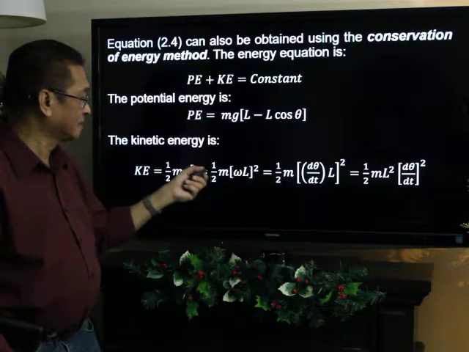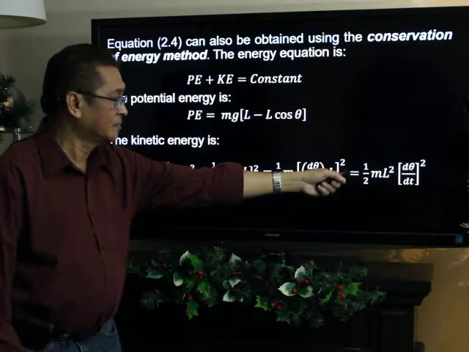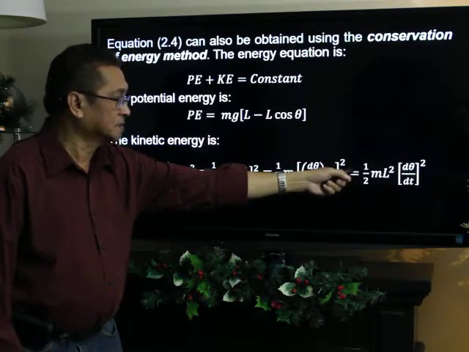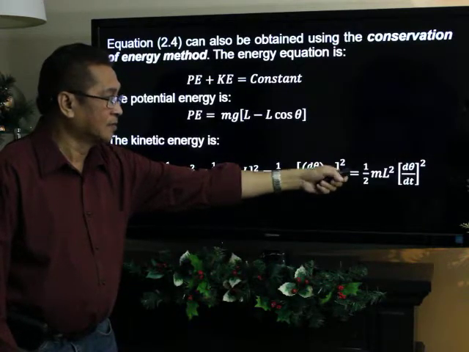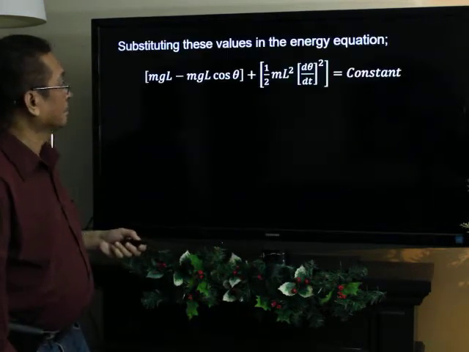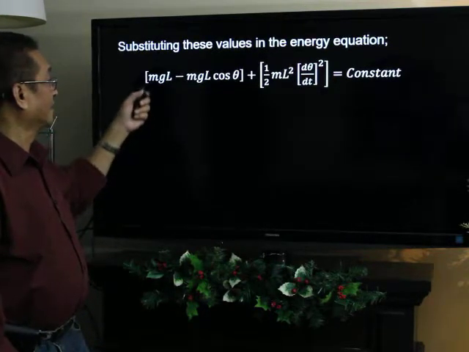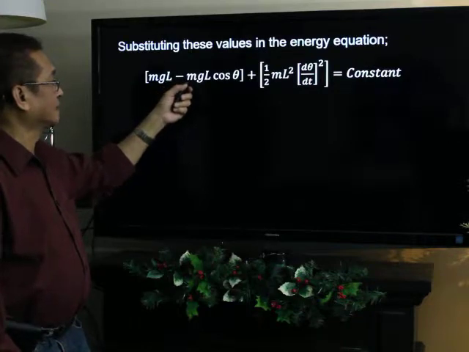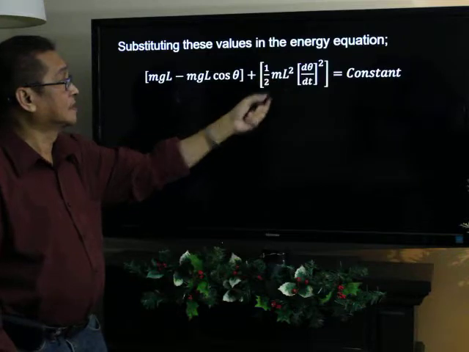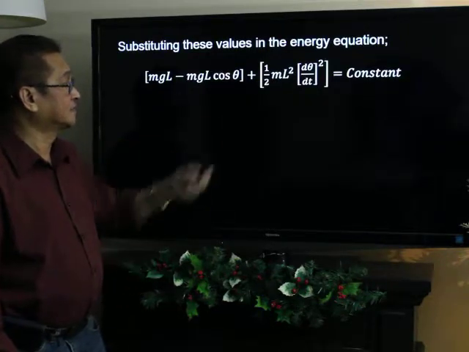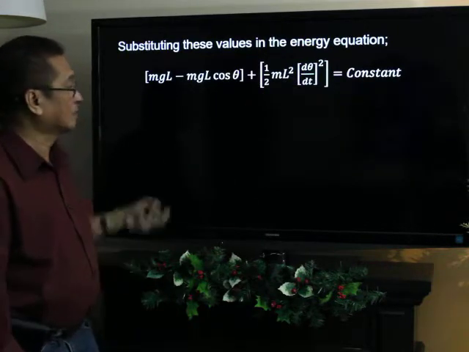And performing the mathematical operations here, we have 1/2 m times L squared, the first derivative of theta with respect to time, quantity squared. Substituting these values in the energy equation, we have mgL minus mgL cosine of theta, and 1/2 mL squared, the first derivative of theta with respect to time, quantity squared, is equal to constant.